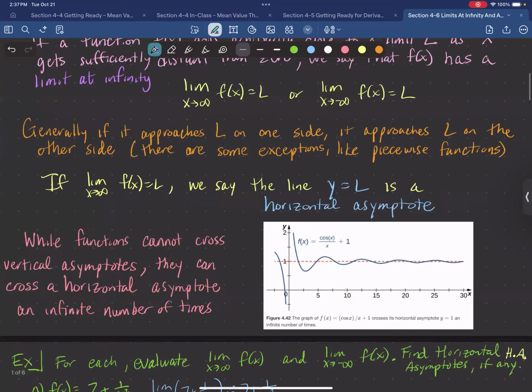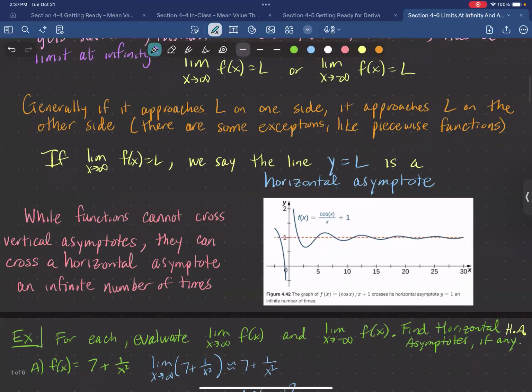So let's take a look at doing some examples. For each, we're going to evaluate the limit as x goes to infinity and the limit as x goes to negative infinity of f of x. If there is a horizontal asymptote, which I like to call h.a., because you're going to get tired of writing that, say what it is. Our first function is f of x equals 7 plus 1 over x squared.